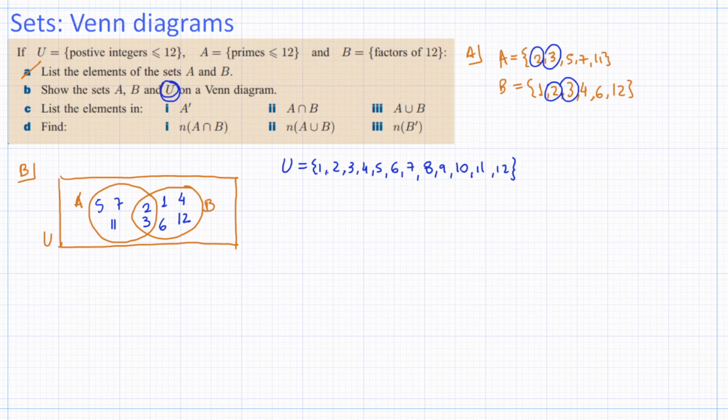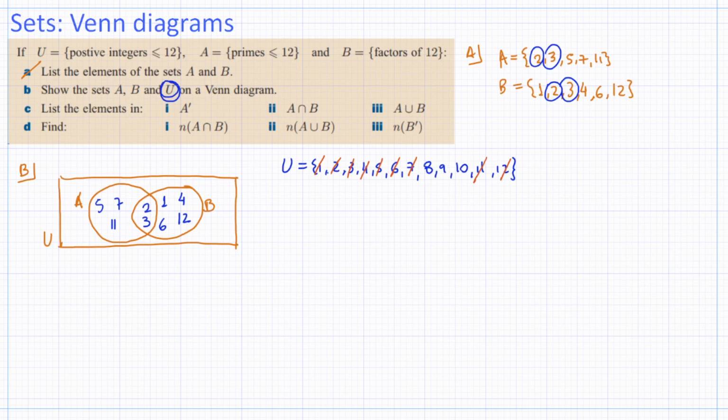Now let's cross out what we have already put in any set here. So 1 is in set B, 2 is in both A and B, 3 is in both, 4 is in set B, 5 is in set A, 6 is in set B, 7 is in set A, 8 is in neither, 9 neither, 10 neither, 11 is in set A, and 12 is in set B. So the only numbers that I have left are 8, 9, and 10.